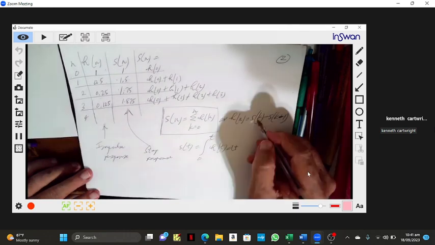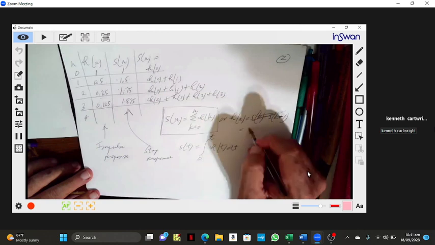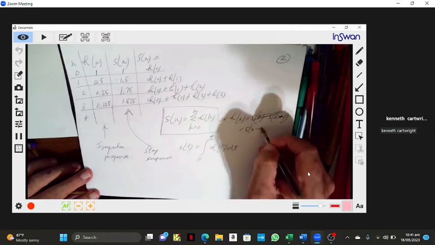Well, rewrite that: S of n minus S of n minus 1.